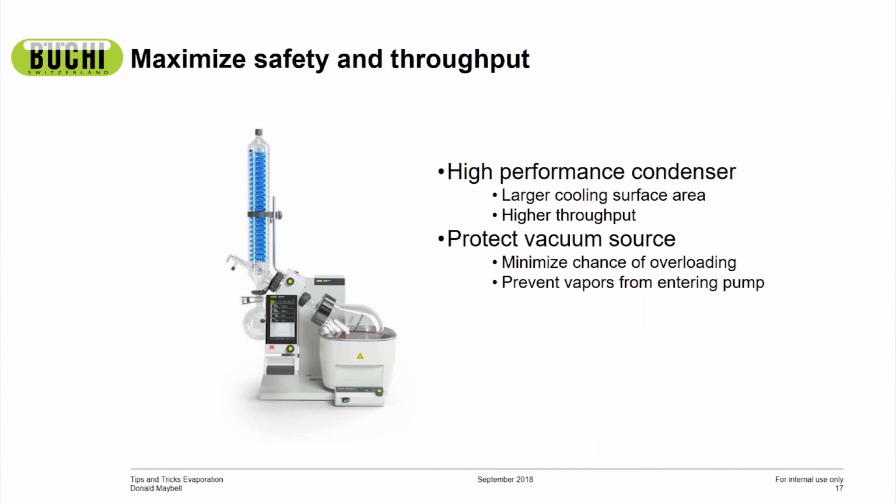The other thing is it protects your vacuum source more. It's a lot harder to overload this condenser than a normal condenser, so you protect your vacuum source at the same time because there's a minimal chance of overloading. And then, like I mentioned before, it prevents vapors from leaking to the atmosphere so that whoever is using the instrument isn't breathing all those vapors in.